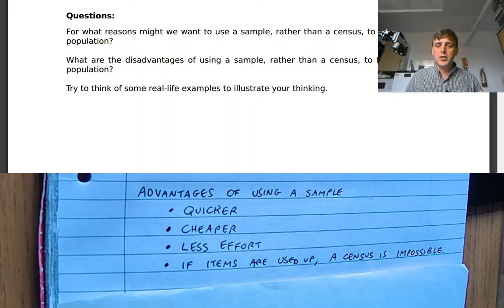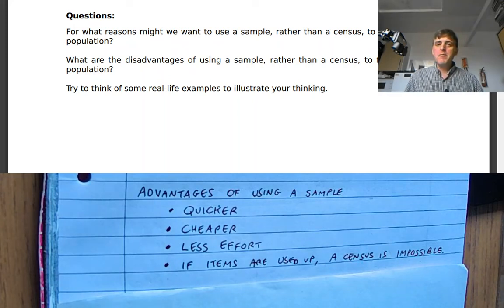So the whole population would be all of the batteries. But I can't test all of the batteries, because by testing all of the batteries, that means that I'm going to use up all of the batteries. And it means I'm not going to have any batteries left to go into people's calculators. So quite often the testing process will involve using up or destroying or damaging the items in some way. And in those situations, it's impossible to use a census.